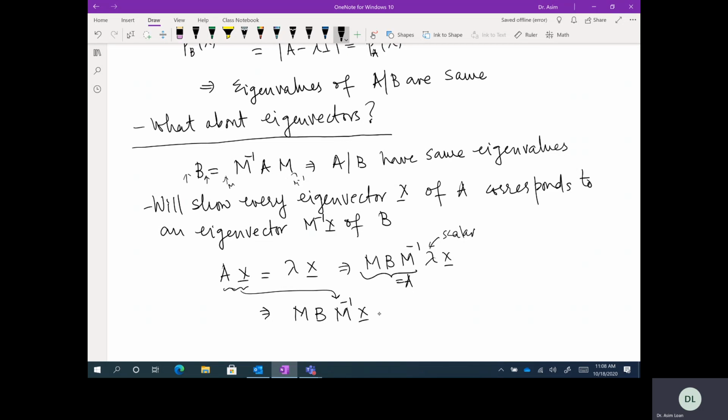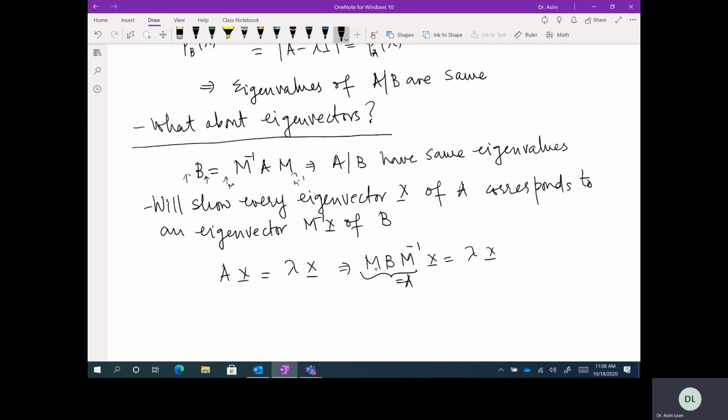So this implies MB M inverse X equals lambda times X, right?